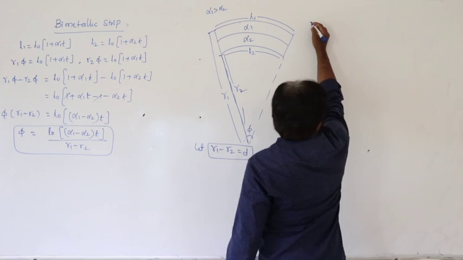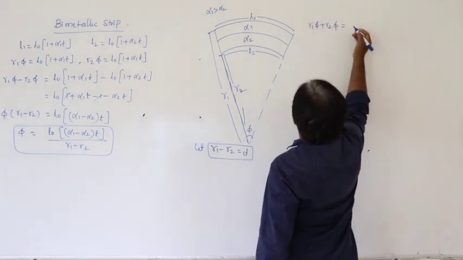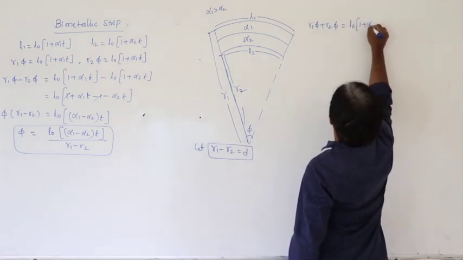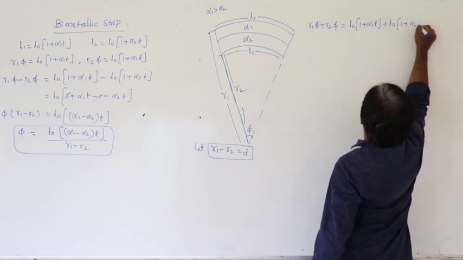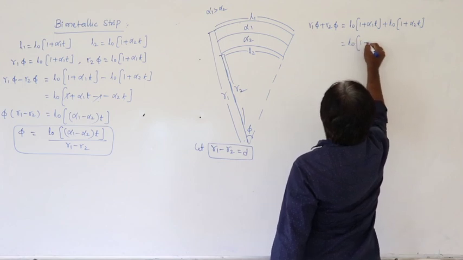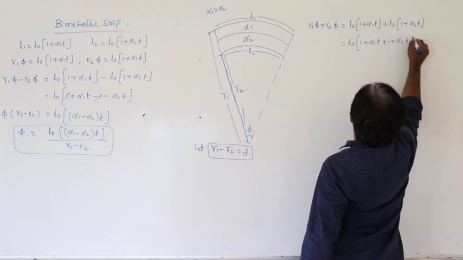If we do R1 phi plus R2 phi, that is L naught into 1 plus alpha 1 t plus L naught into 1 plus alpha 2 t. So, that is equal to L naught common, 1 plus alpha 1 t plus 1 plus alpha 2 t.